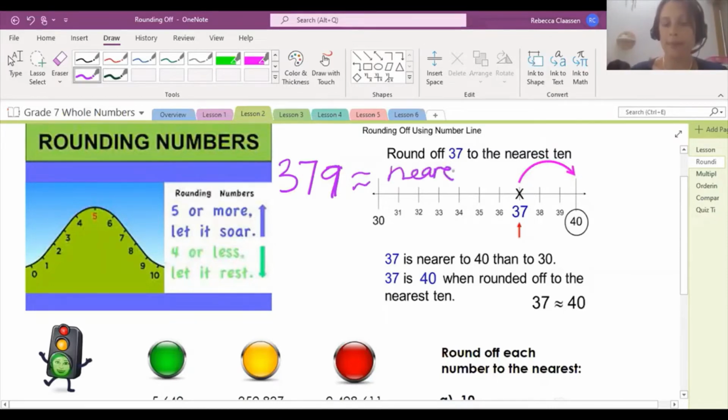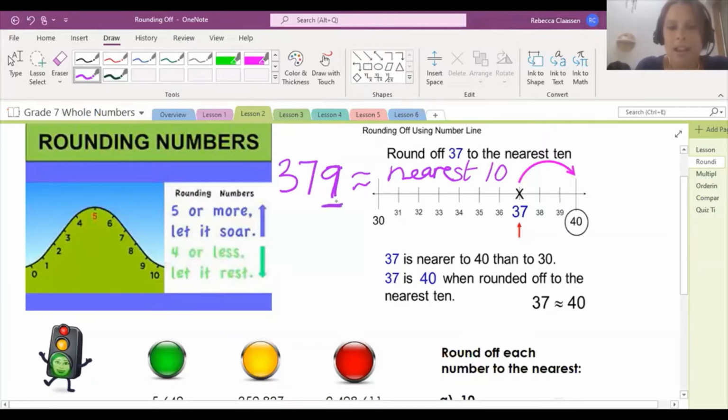Hands, remember. Keanu's going to tell us. Which digit must I look at? You need to unmute, Keanu. The 9. We're going to look at the 9, okay?